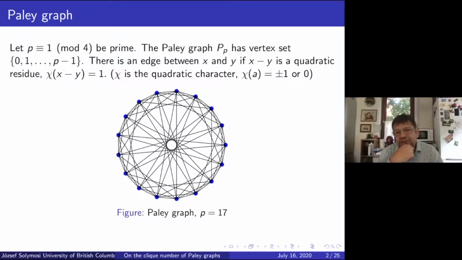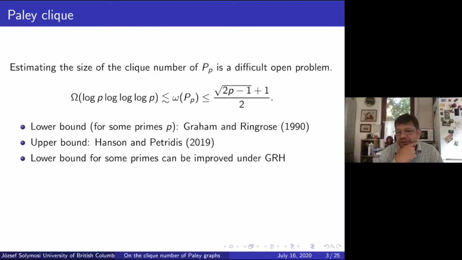Among the most important things is that Paley graphs are quasi-random graphs. So they are good models of random graphs, although I wish we could really prove the random properties of the graph.